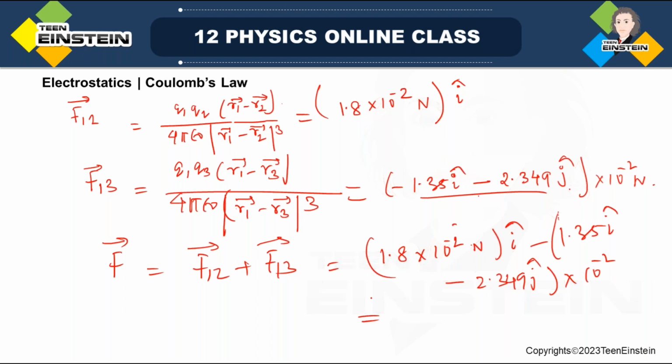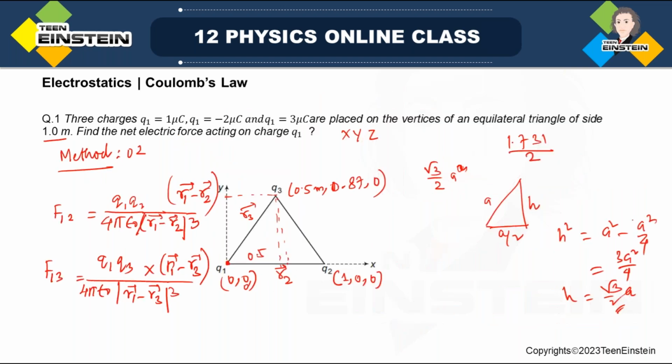So if we solve this, what we get vectorially is 0.45 i cap minus 2.349 j cap, and along with that there will be 10 to the power minus 2 Newton. So this is the force on the particle at A, Q1, due to these two.